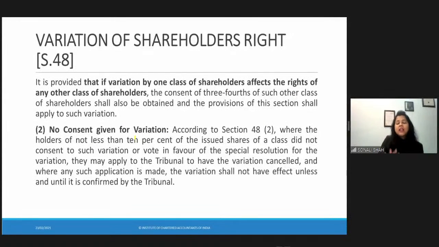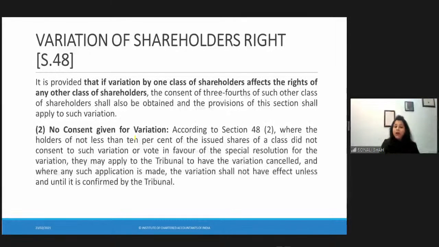Also, where the variation of rights of one class of shareholders affects the rights of another class of shareholders, the consent of 3/4 of that other class will also have to be obtained to be able to apply that variation. So where variation in one class of shareholders affects the rights of another class, you would need the approval of that other class as well.